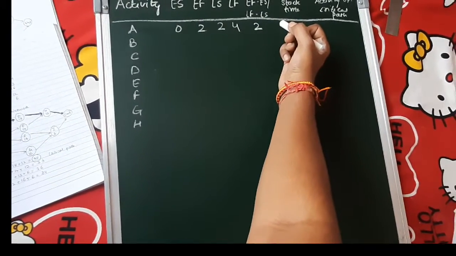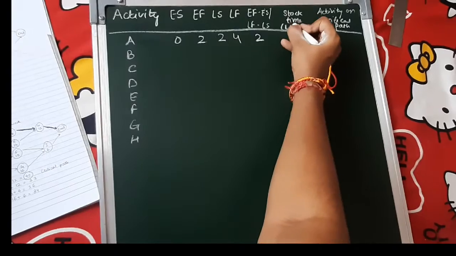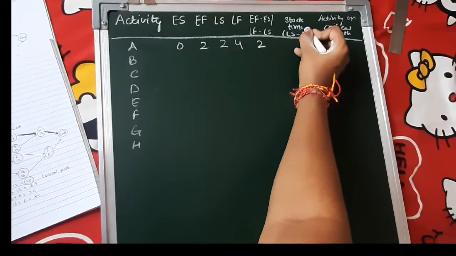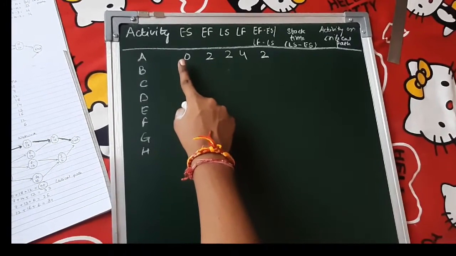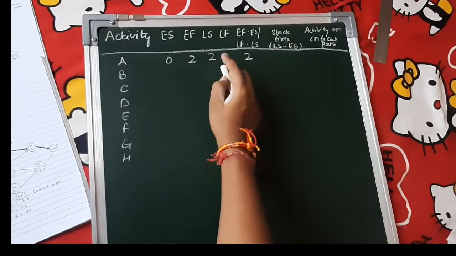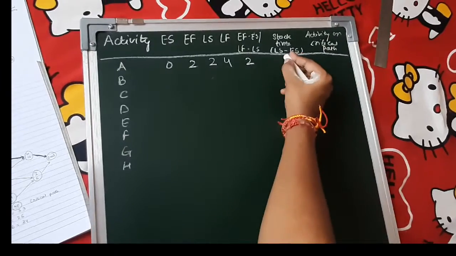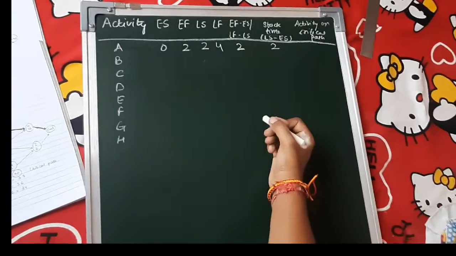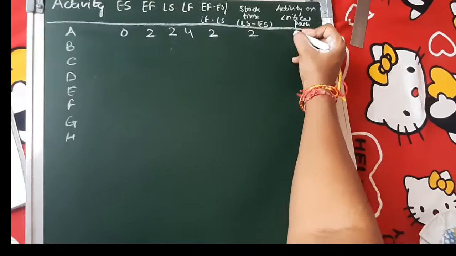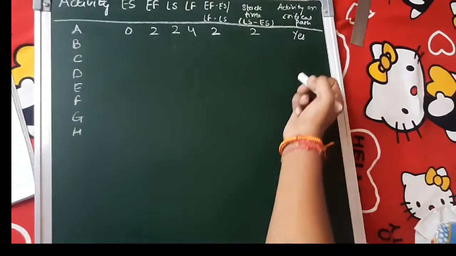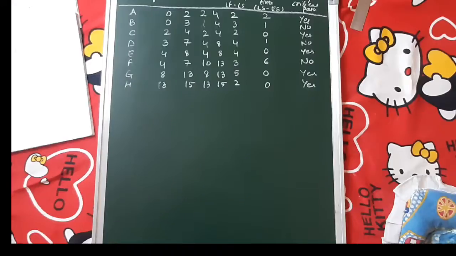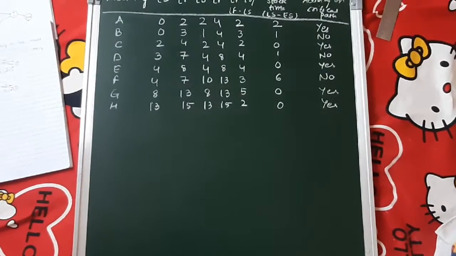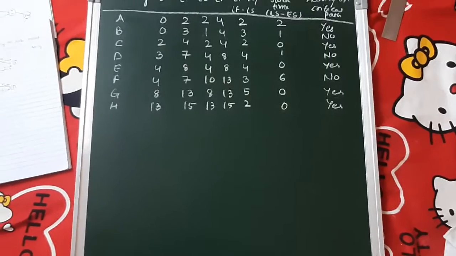Our slack time is LS minus ES, that is late start minus early start. So it also becomes 2 minus 0, it's 2. Now we have to see whether it is on the critical path. So we have to write yes. In the same way, we have to complete the table. So here we have completed the table for the Gantt chart.